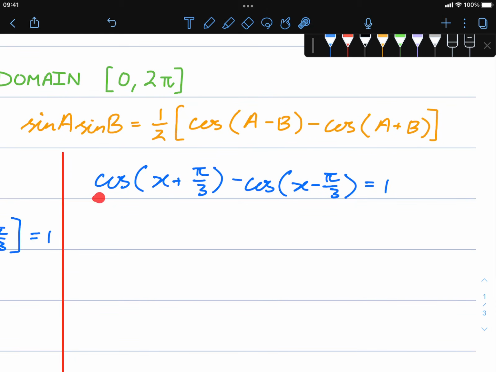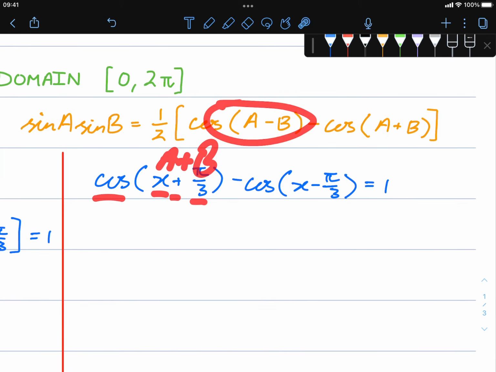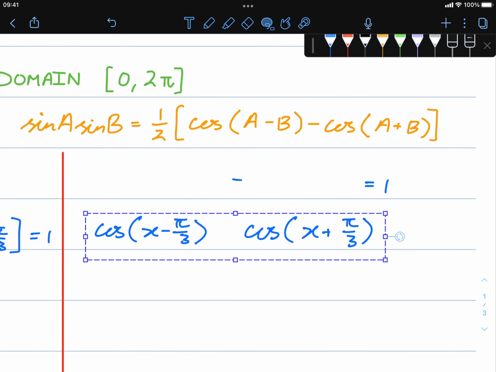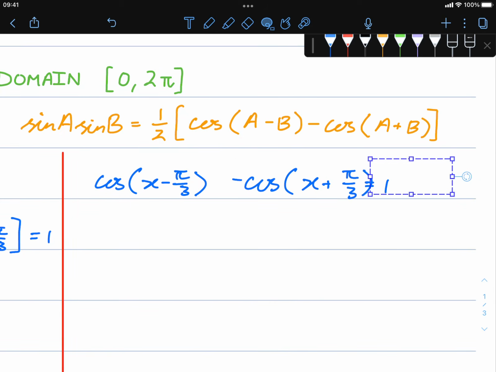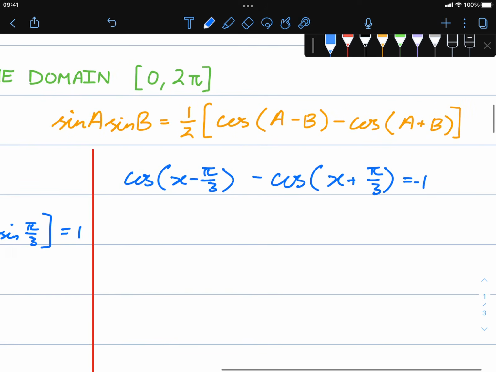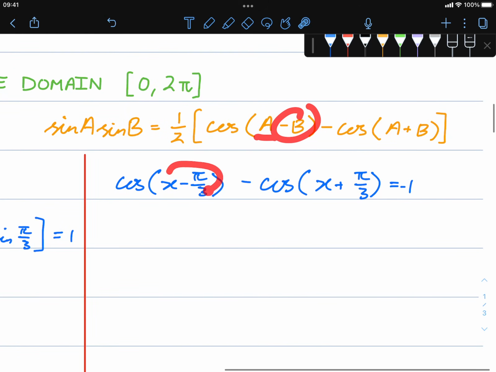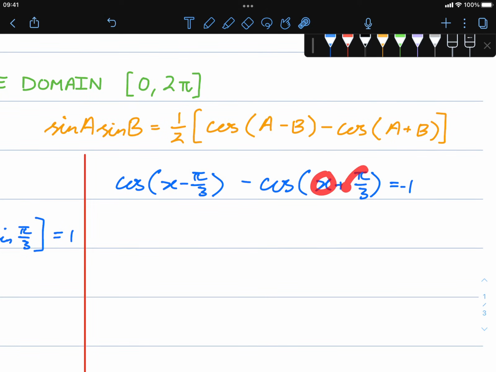Now from here, notice how we have cos of a plus b, or actually no, let's move this around a little bit. I'm going to multiply everything by -1. So we get the other way around this time. So I multiply by -1, which means I get -1 this time. But notice here we get cos of a minus b minus cos of a plus b is equal to this.